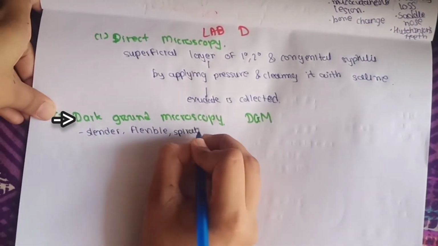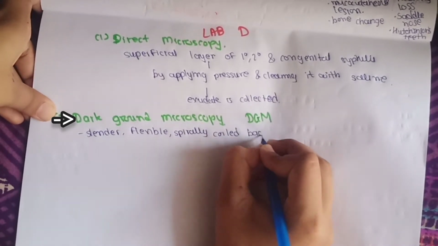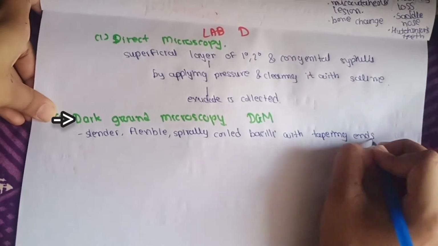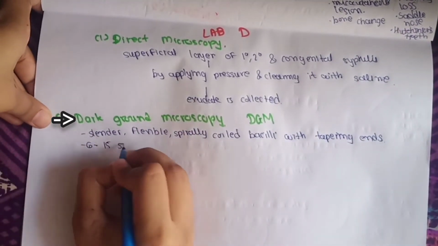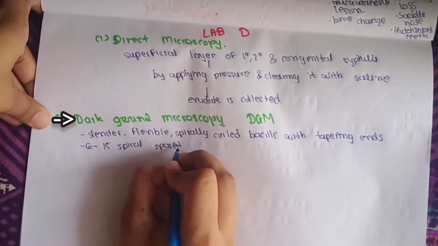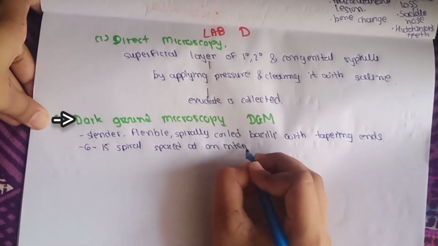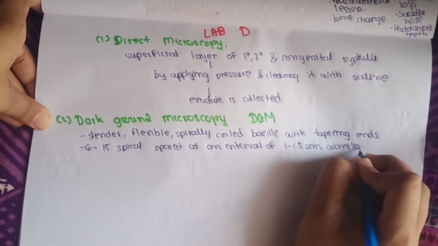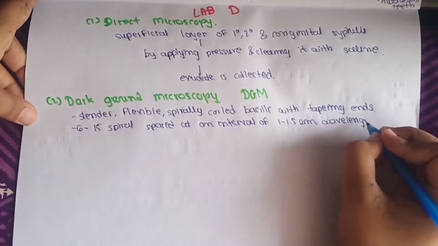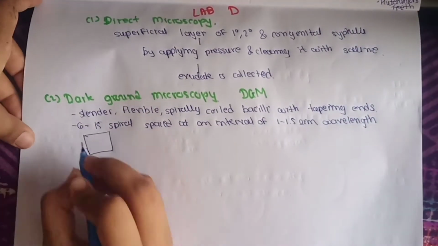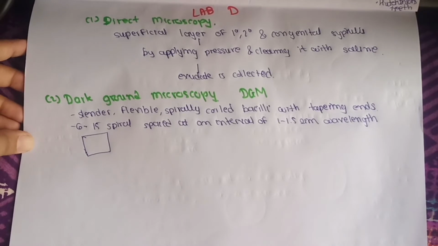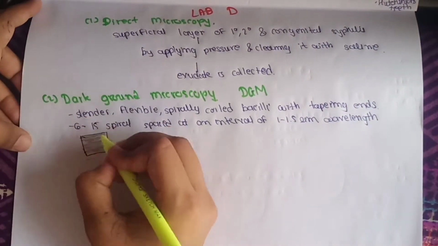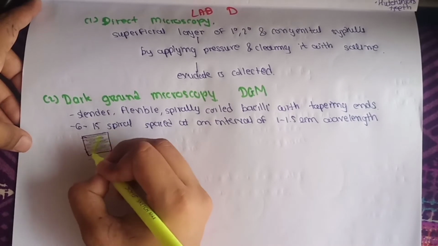In dark ground microscopy, the Treponema pallidum appears as slender, flexible, spiral coiled bacilli with tapering ends. It shows 6 to 15 spirals spaced at an interval of 1 to 1.5 micrometer wavelength. As it is dark ground microscopy, the background is dark and the Treponema will look like this.